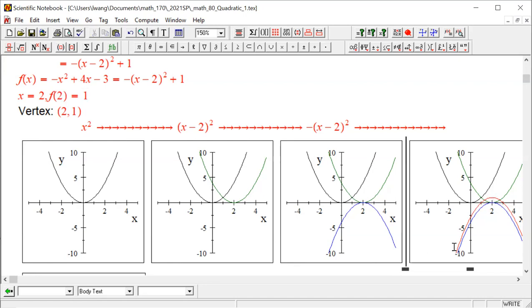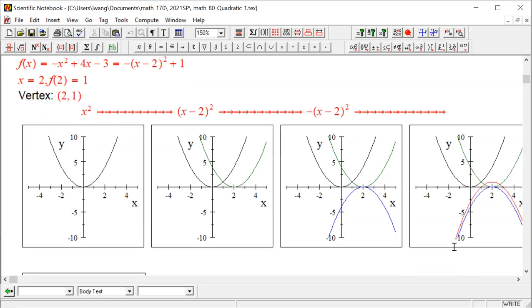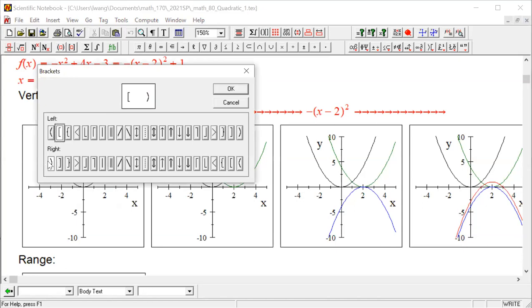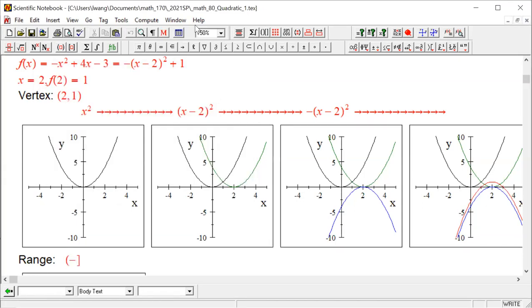That's the highest point there is. So the range is from negative infinity to positive 1.